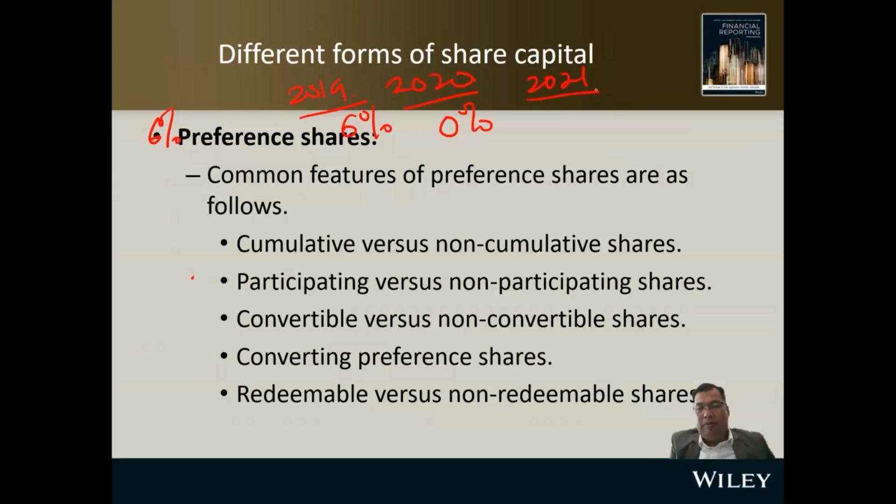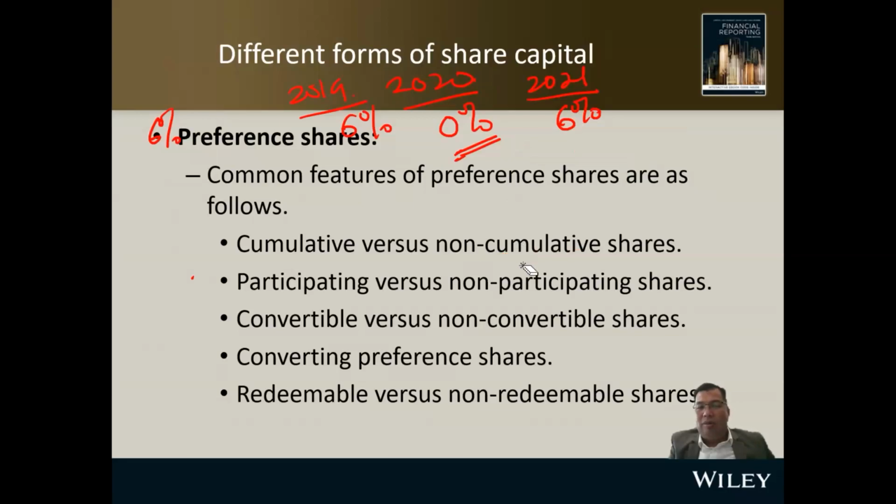In 2021, the business started already, so you pay a 6% dividend. How about the 0%? If you have non-cumulative preference shares, in 2021, even though you make a lot of money, you're not going to pay the previous year's outstanding preference dividend. You're not going to carry that forward.